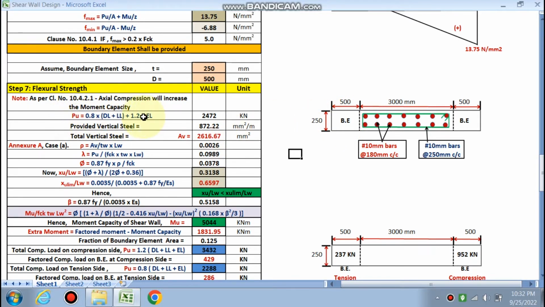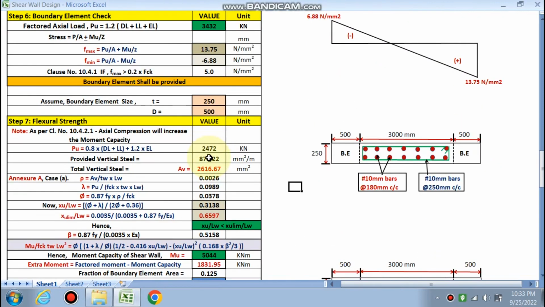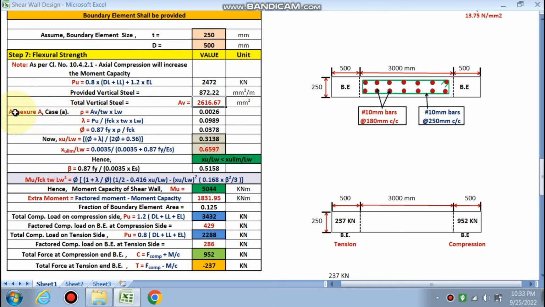Pu is calculated by this formula. The vertical reinforcement provided, already calculated, is 872. This is the total vertical reinforcement provided in the shear wall, over this length. Now this formula is according to Annexure A, case A: rho is Av by Tw into Lw.